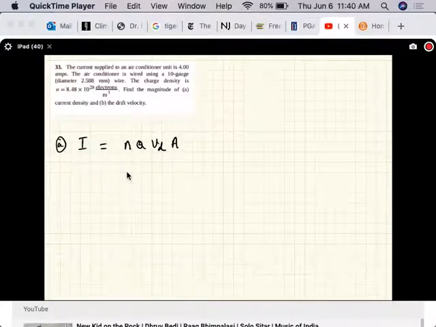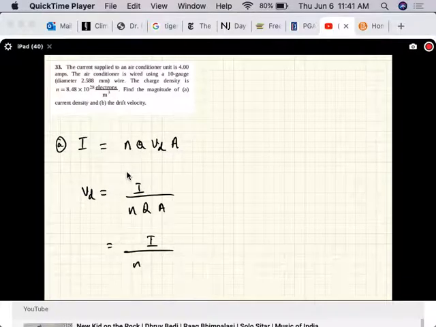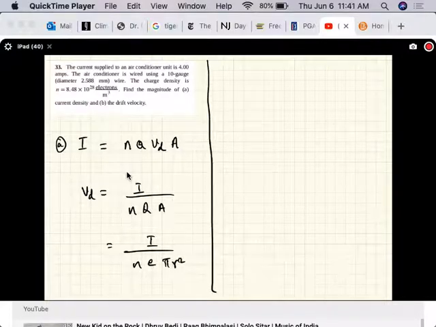So the drift velocity of the electrons is I divided by N Q A, where A is replaced by pi R squared.